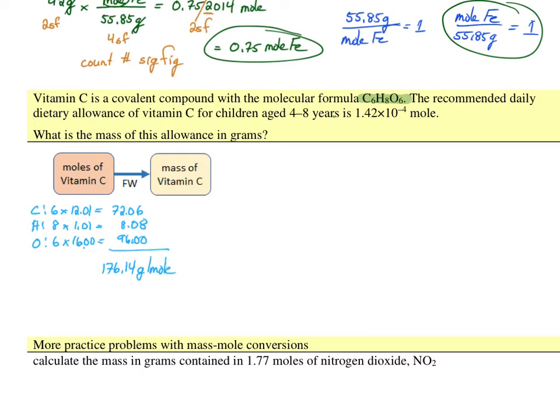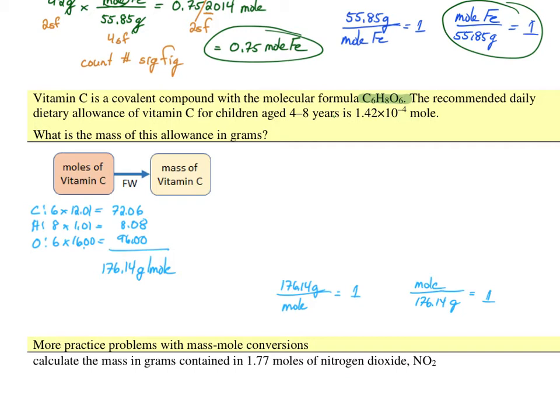We have our formula weight, so we can use that as a conversion factor to get to our final answer. Again, we can write both versions prior to figuring out which one we need to use.